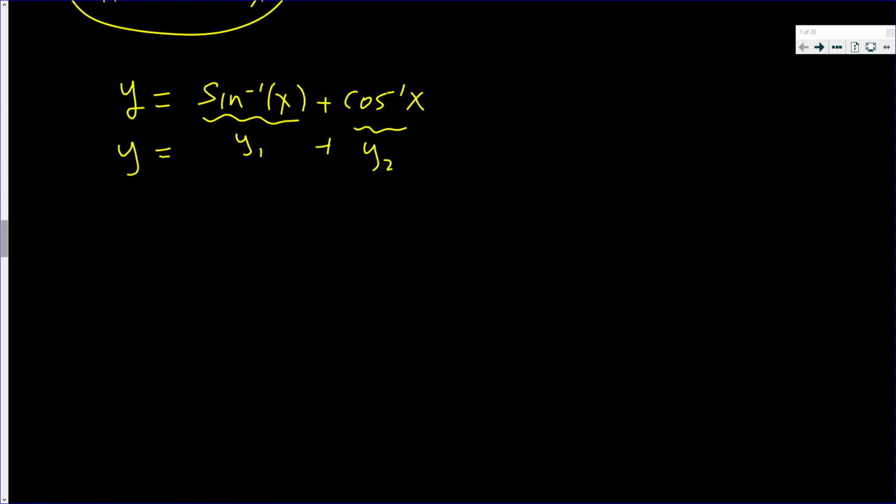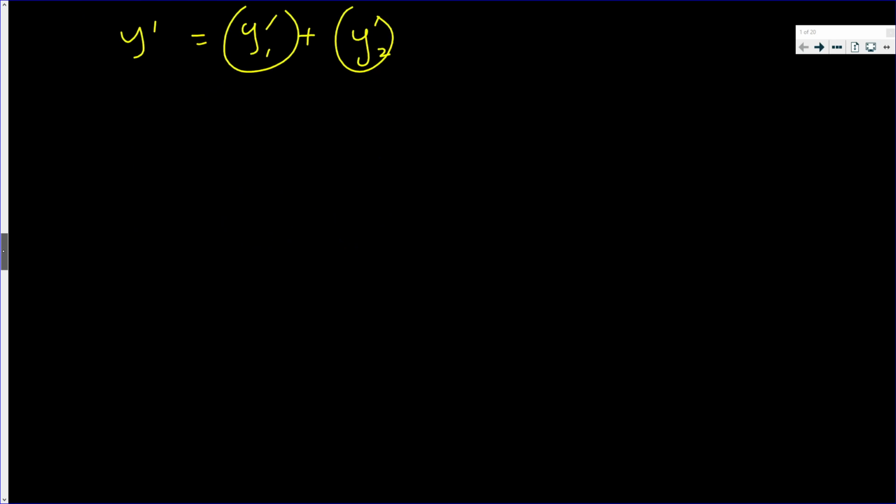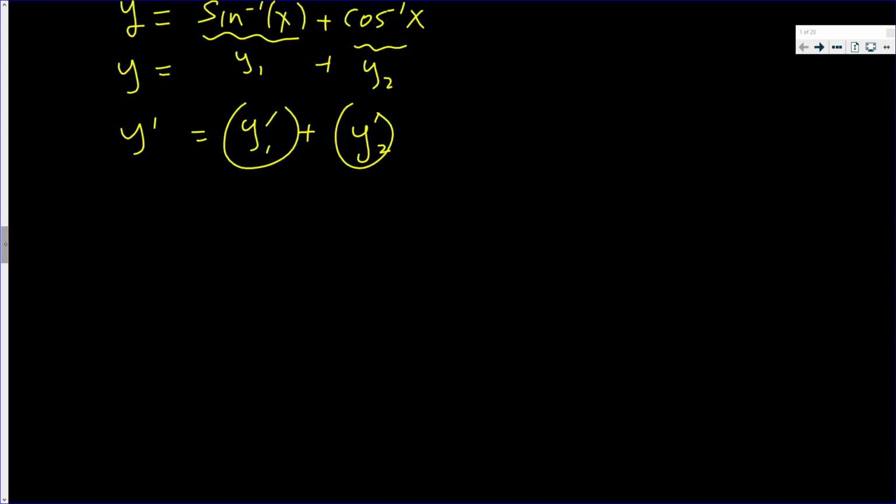Now, one way of doing this is when you take the derivative of a sum, it's the derivative of the first function plus the derivative of the second function. So, let us find out what each of these are. Leave a little space. So y1 is sine inverse of x. That means x is sine of y1.